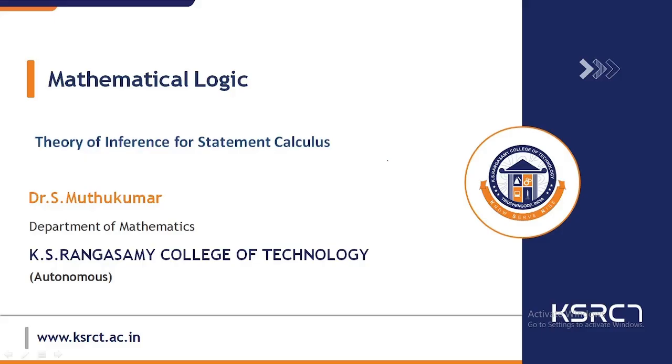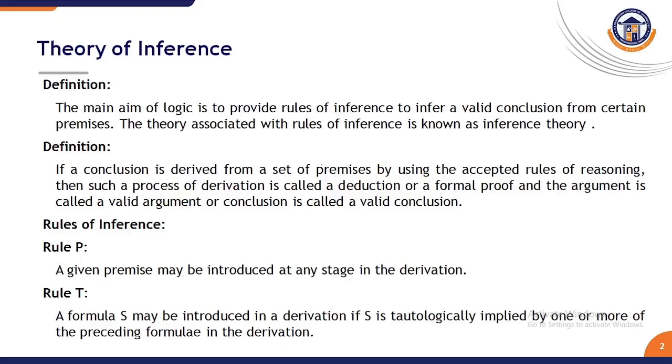In this video, I am going to explain about the theory of inference for statement calculus. Definition: the main aim of logic is to provide the rules of inference to infer a valid conclusion from certain given premises. The theory associated with rules of inference is known as inference theory.